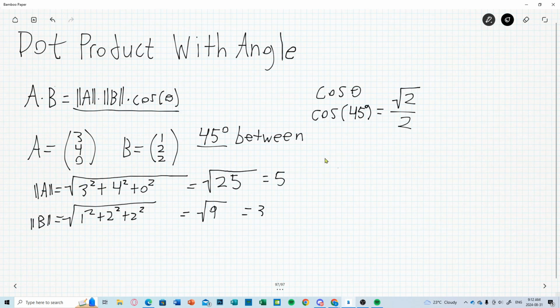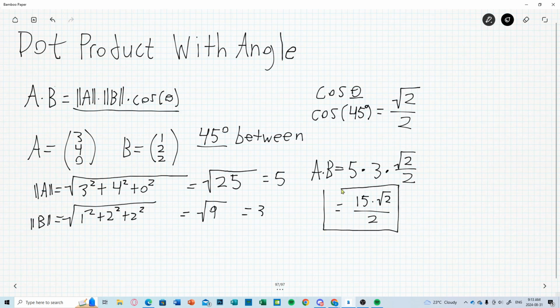We write A dot B. The magnitude of A is equal to 5, the magnitude of B is equal to 3, and cosine theta, due to special triangles, is square root 2 divided by 2. Put it all together, it gives us 15 multiplied by square root 2, all divided by 2, and that is the dot product of A dot B with an angle in between them.